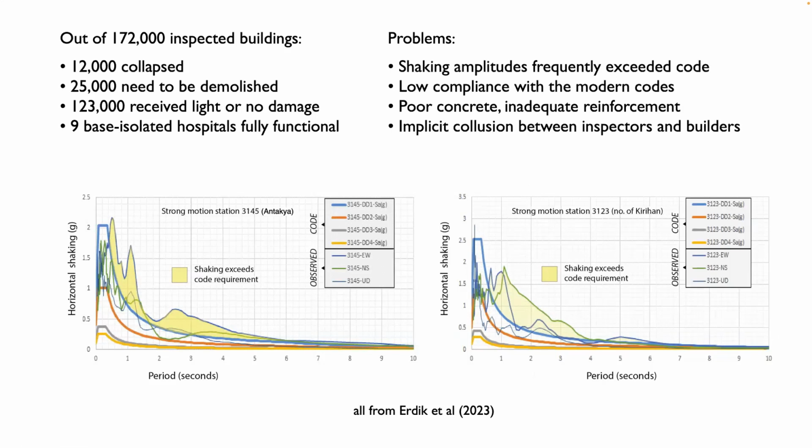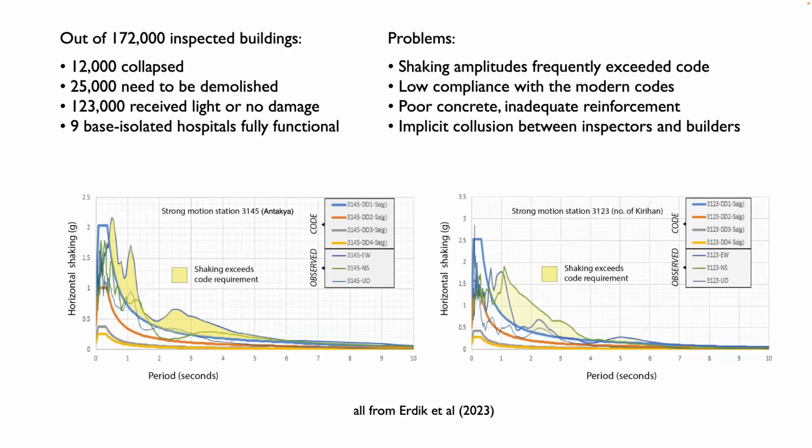And anything in yellow there exceeded the codes. And unless the builder put a great cushion between the code and the design, it means that this building was potentially damaged.